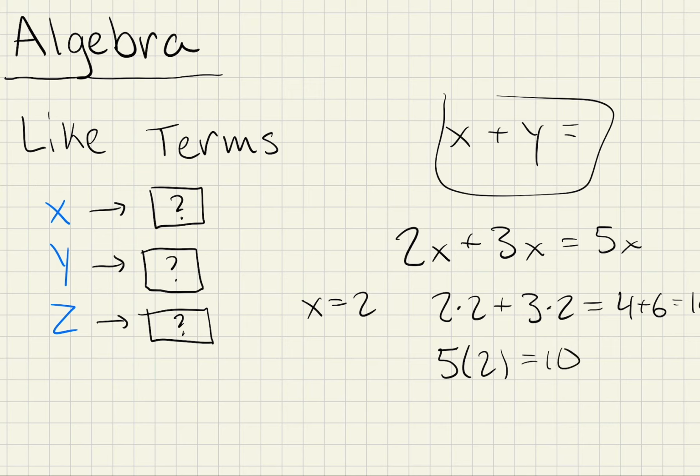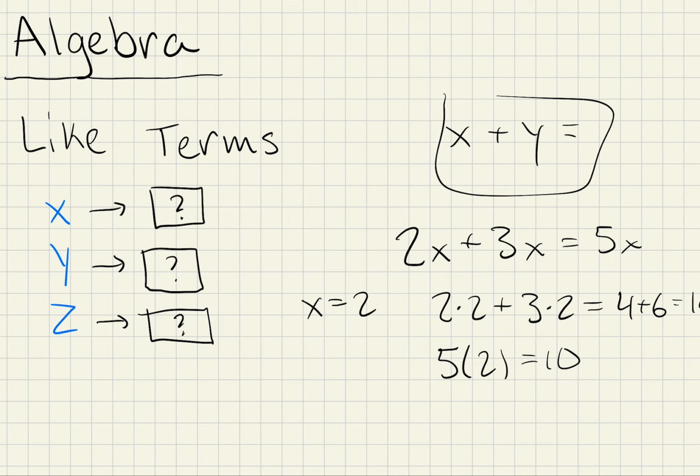So combining like terms is 100% correct from an arithmetic point of view. You are 100% allowed to combine x's because of the way that multiplication works. However, you can't combine x's and y's in the same way because that unknown is a different variable.